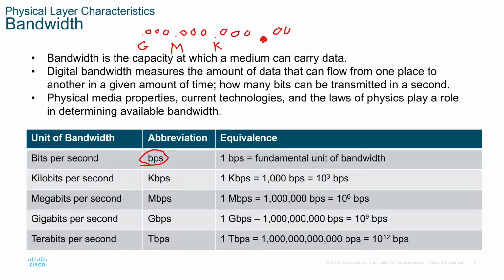if I went 3 bits, that would be small m for milli. If I go 3 more, that would be a small u for micro. 3 more, that would be a small n for nano. 3 more would be a small p for pico.